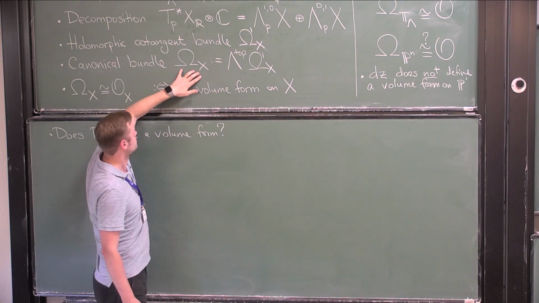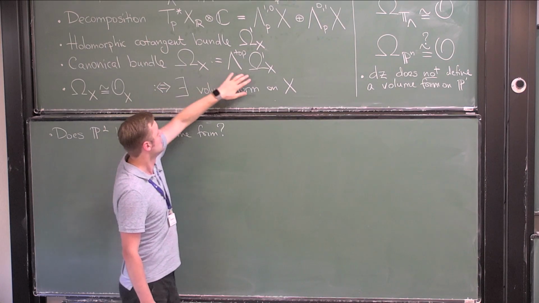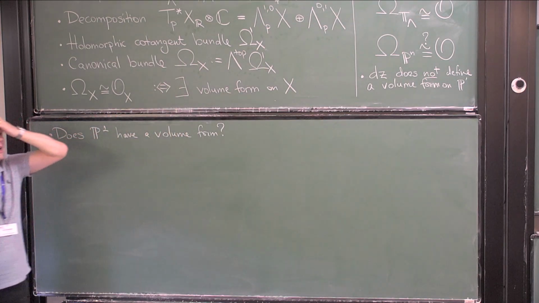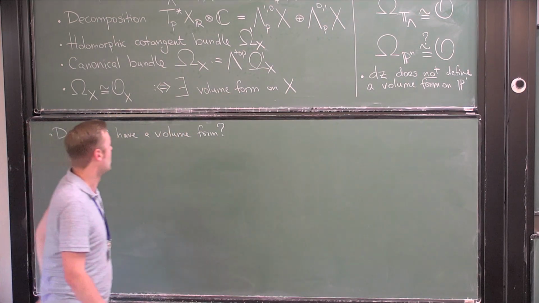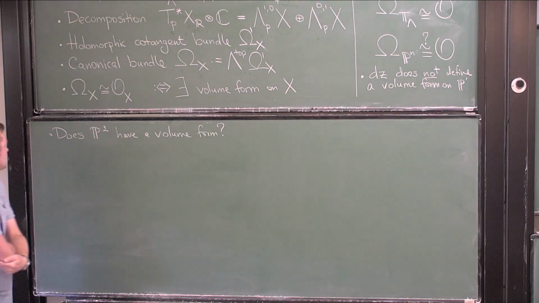And the top one is what we call the canonical bundle. That's a line bundle, so its fibers are one-dimensional complex spaces.